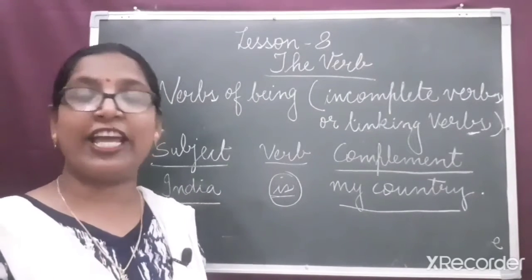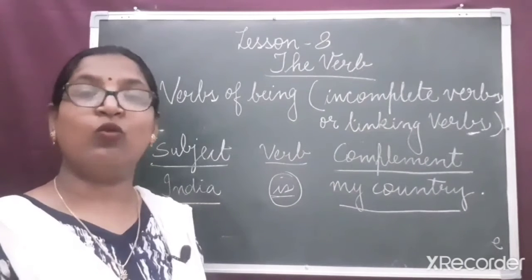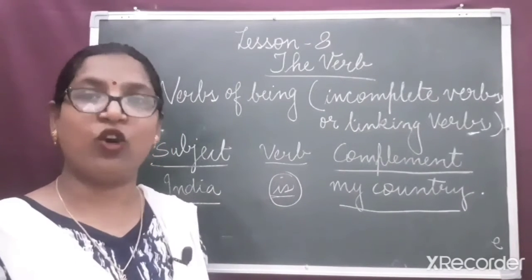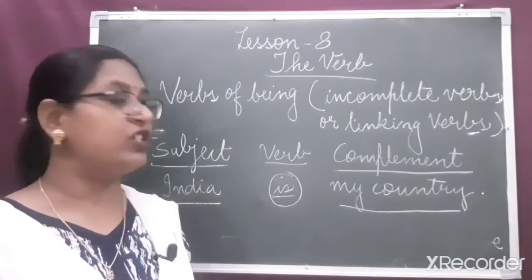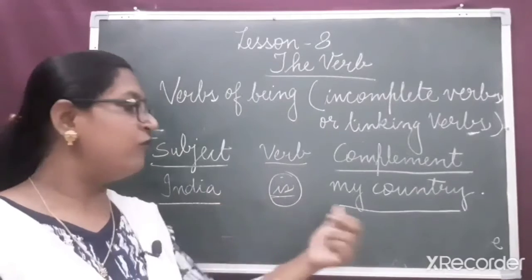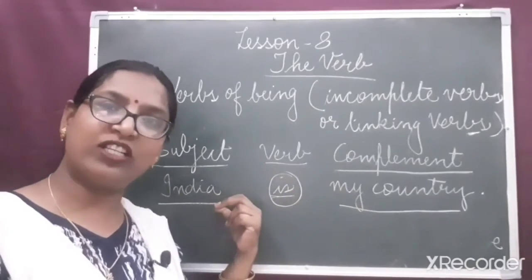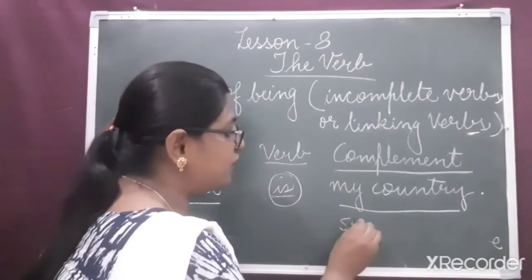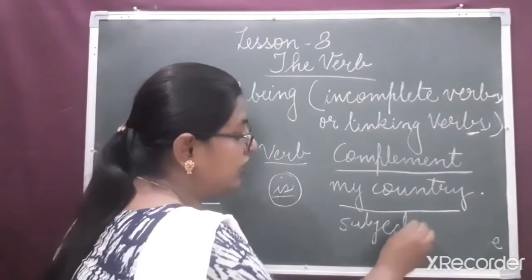There are two types of complements. One is the subjective complement, another is the objective complement. When the complement refers to the subject itself, when it says something about the subject itself, it is called the subjective complement.